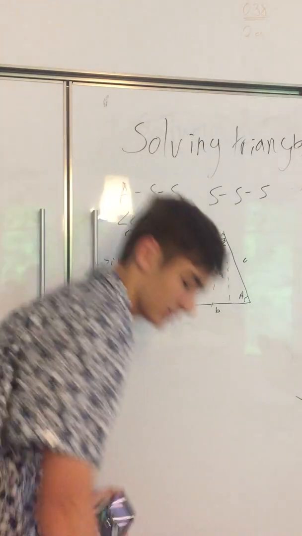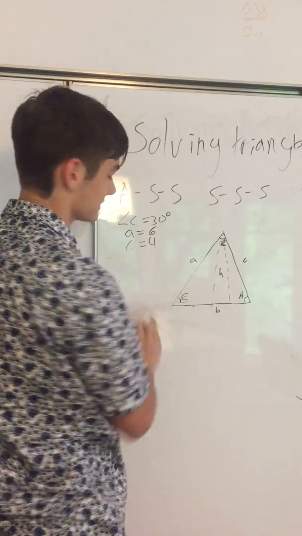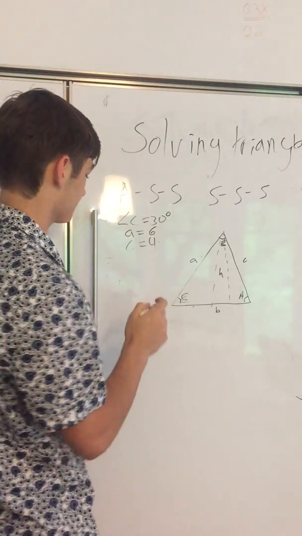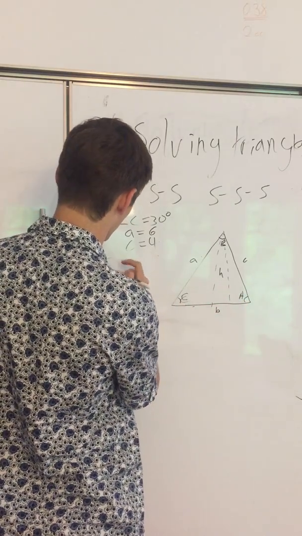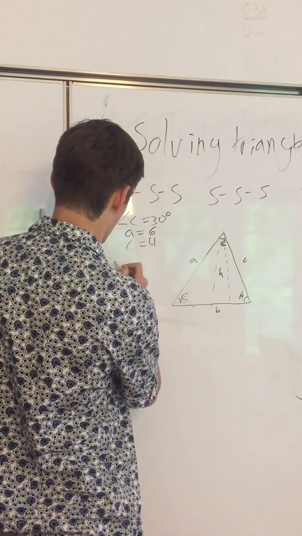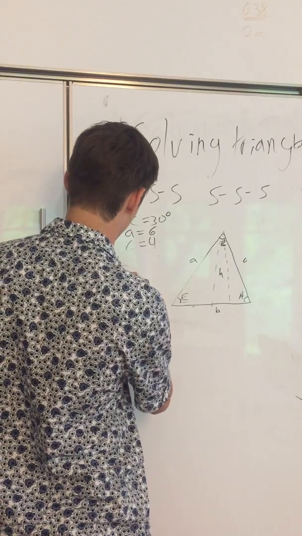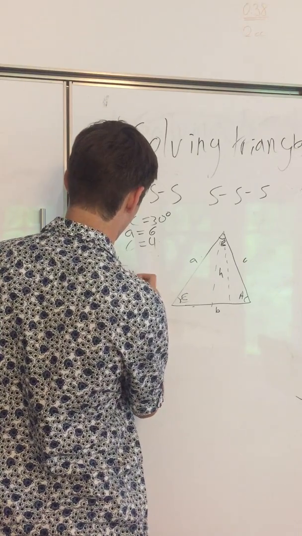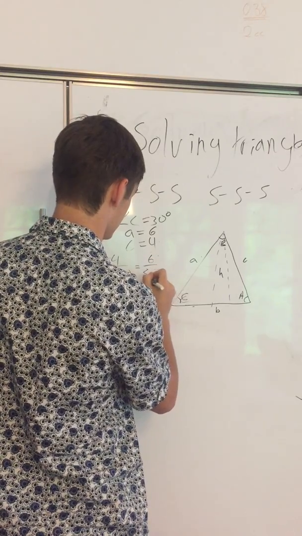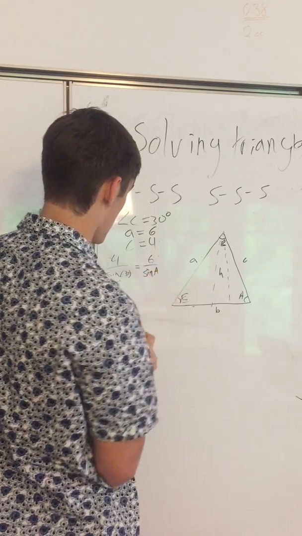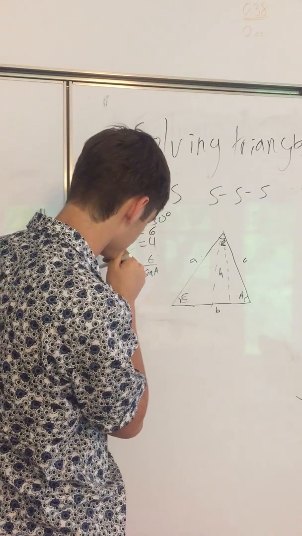So to do this, first we're going to use law of sines for this angle A, and we would do 4 over sine 30 is equal to 6 over sine A. And then we'd solve for this.